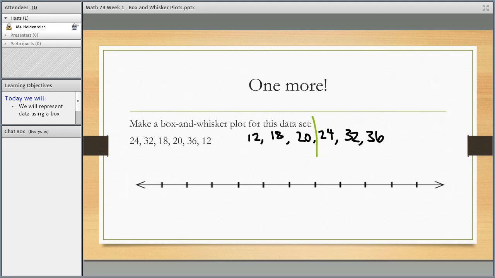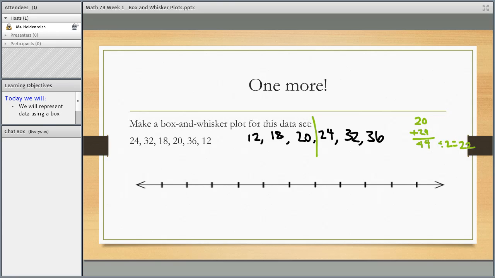It has an even number of data values, so we've got to add up the 20 and the 24 to get 44. Then we divide that by 2, which gives us 22. So that's the number halfway between 20 and 24. Now I need to number this number line with something good.